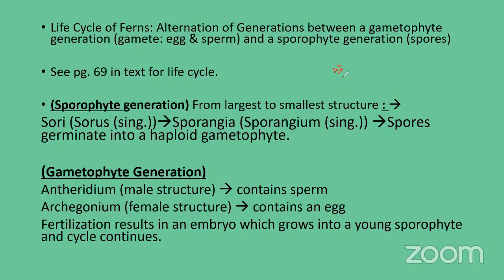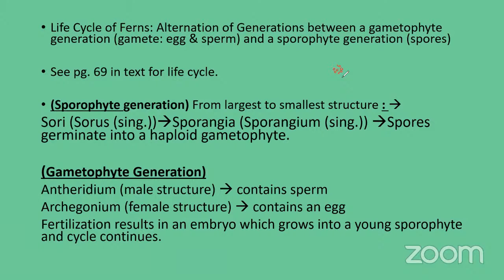So the spores are going to germinate into a haploid gametophyte. So haploid, hopefully you guys vaguely remember meiosis, right? Haploid means we have half of the number of chromosomes if we were thinking about a typical individual as having 2 full sets. So then next we have the gametophyte generation.